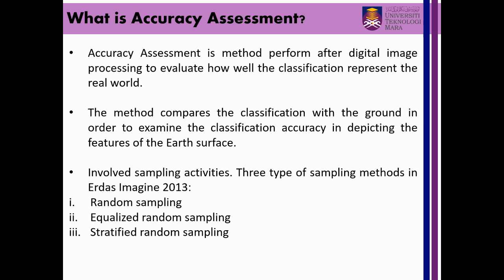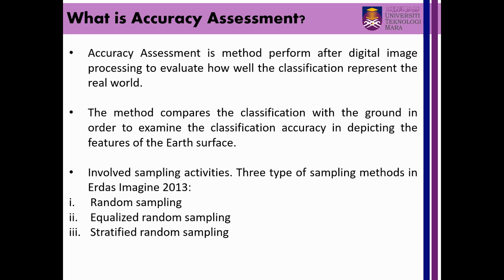Here, the term we usually use is ground truthing, where usually we need to go down to the site area and pick up several points, which are training samples, in order to identify the class of the features at that area. However, there are also other options to determine the ground class types, which is by comparing the classification maps with the reference image. This is the option we are going to adopt in this lab task.